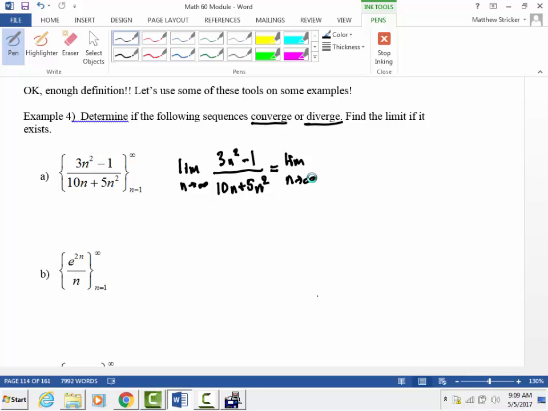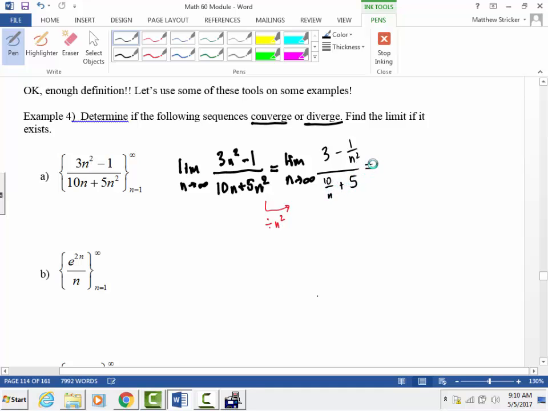So what's that power going to be? Yep, so if we divide everything by n squared, on the top we're going to get 3 minus 1 over n squared, over 10 over n plus 5.